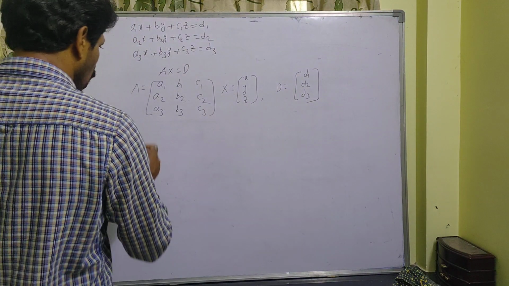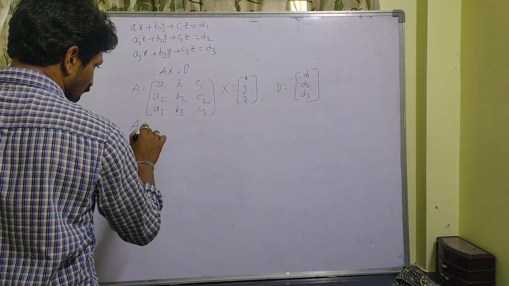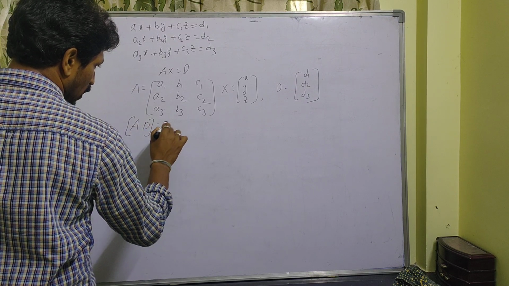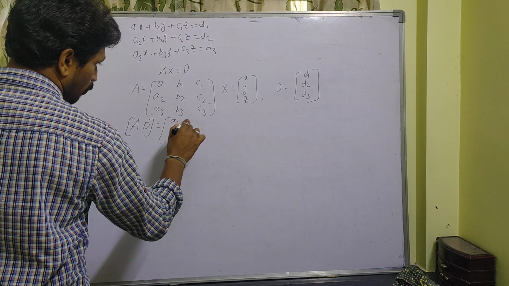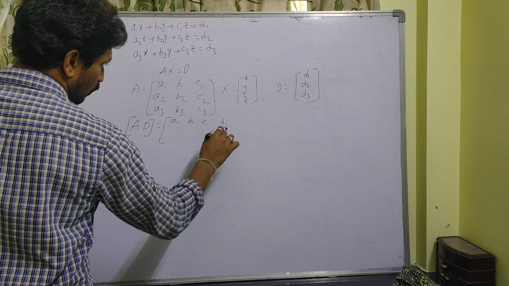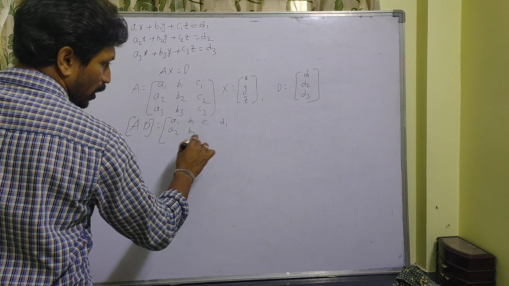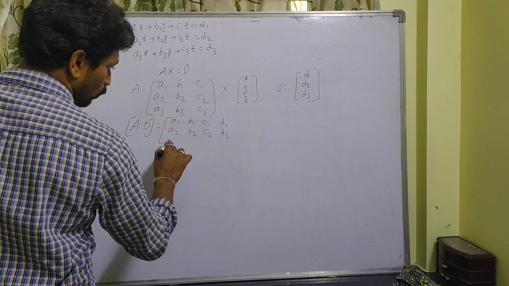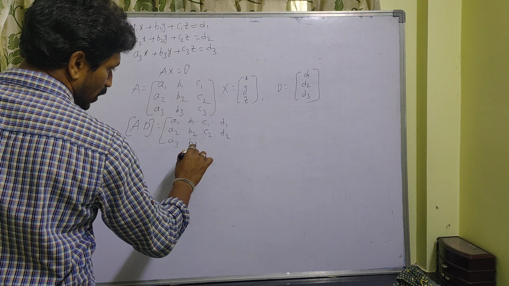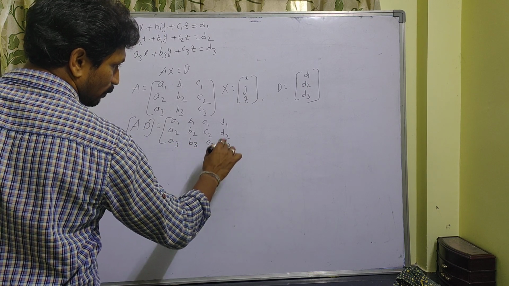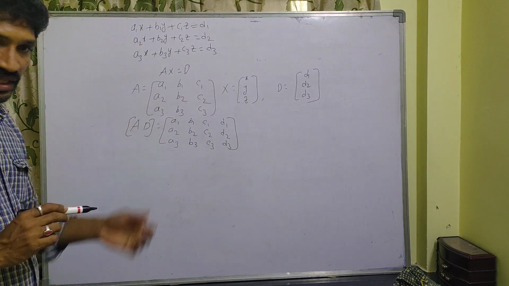See, here the augmented matrix is AD. So AD is nothing but a1, b1, c1, d1, a2, b2, c2, d2, a3, b3, c3, d3. Okay.